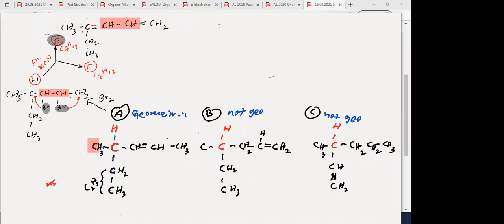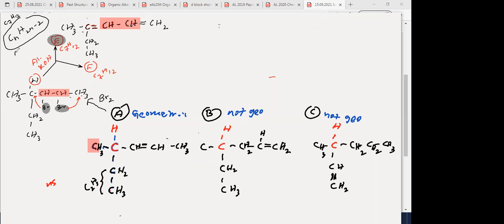So see whether it is valid: C7H12. This is an alkyne-type formula. C7H12 means there must be two double bonds or one triple bond. This is CnH2n minus 2. Look at the formula: C7H12 means 7 times 2 is 14, minus 2 gives 12.